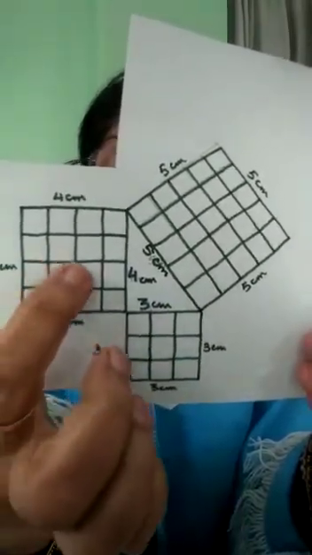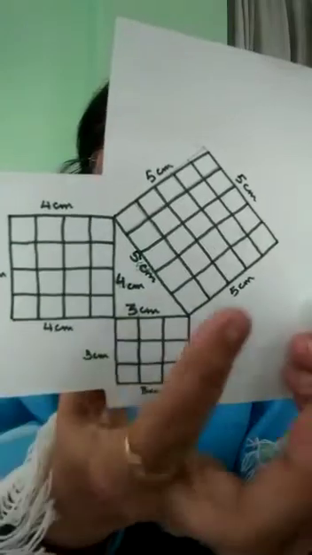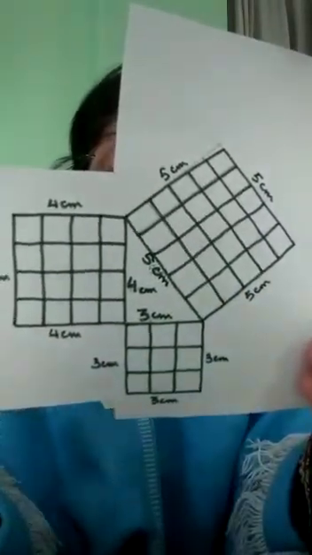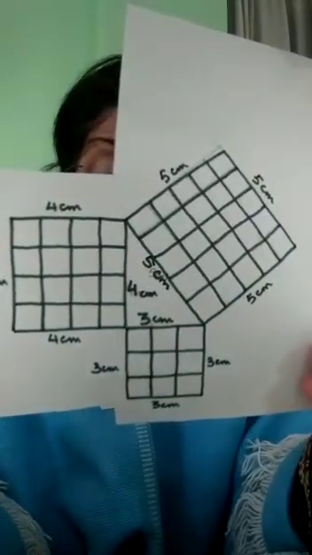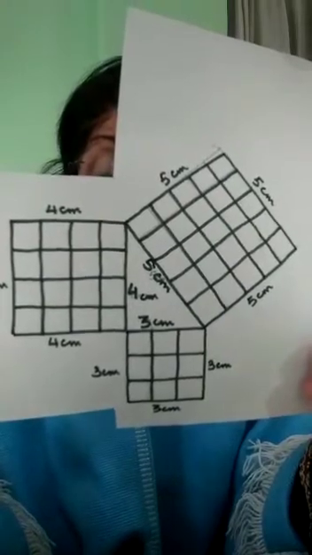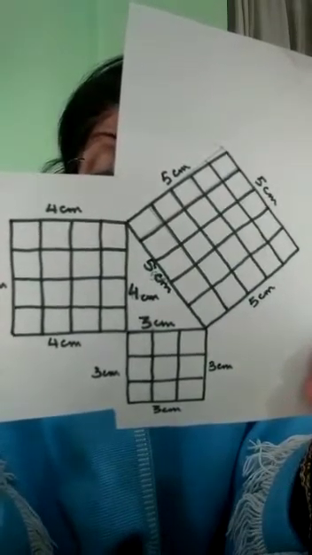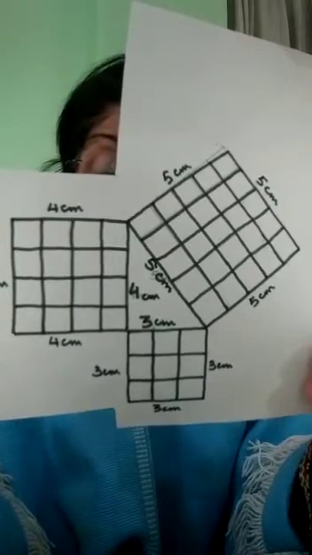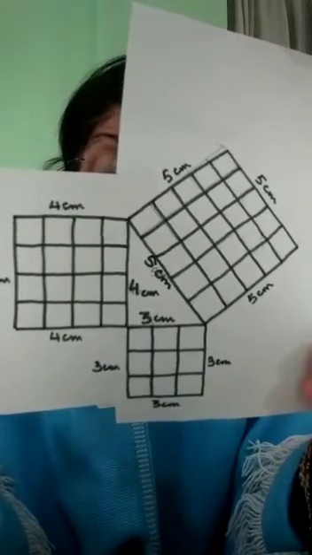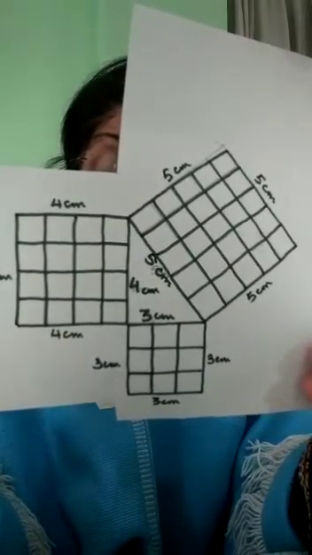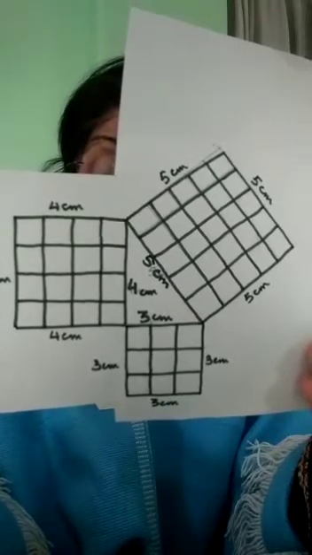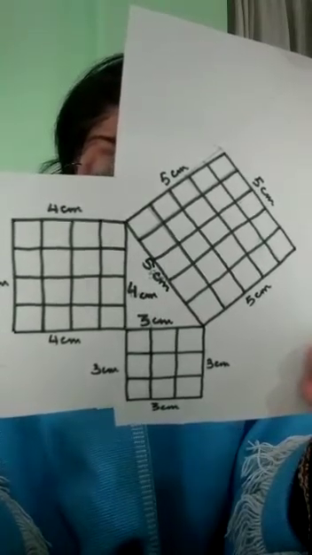This square also forms a large number of small squares. This square also forms a large number of small squares. Now each small square is 1 by 1. That is, each small square is 1 centimeter square, 1 centimeter by 1 centimeter.